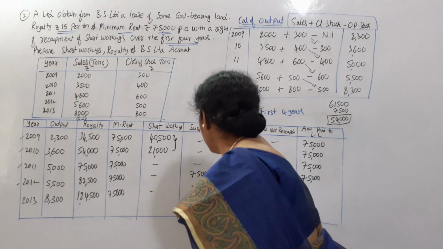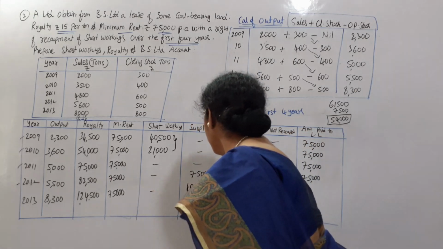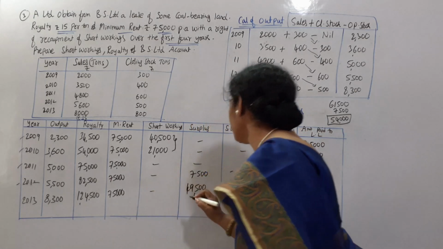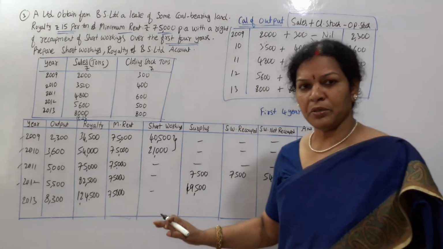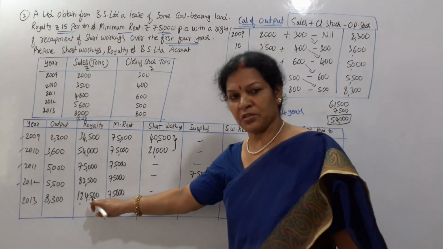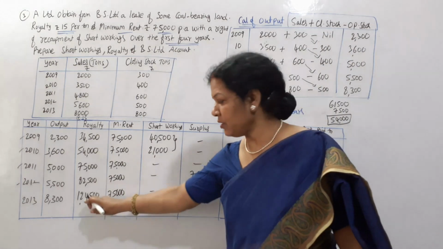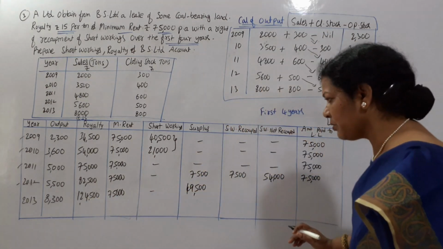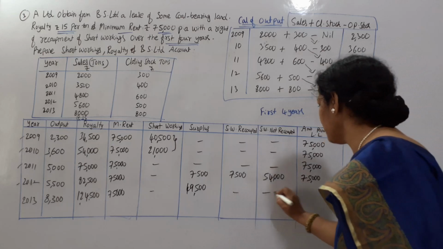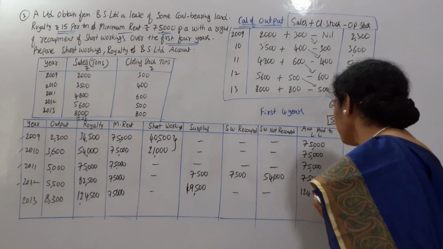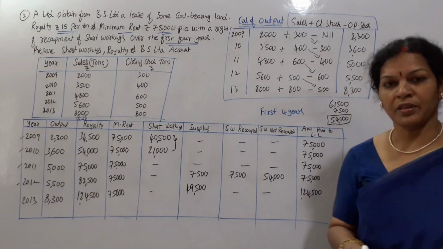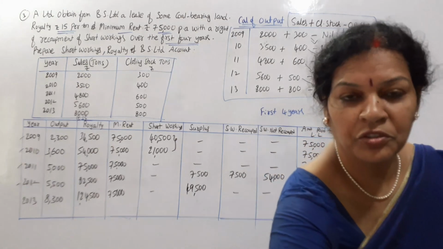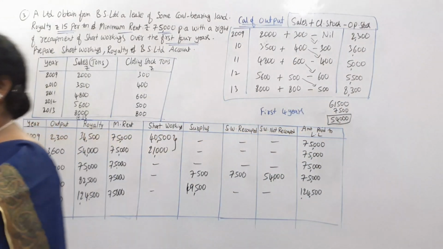So surplus 49,500. We need not recoup anything. Now how much is to be paid to the landlord? Whichever is highest, so this is highest. We'll pay this amount to the landlord, 1,24,500. Clear? Take a screenshot. I'll give you a recap once again.